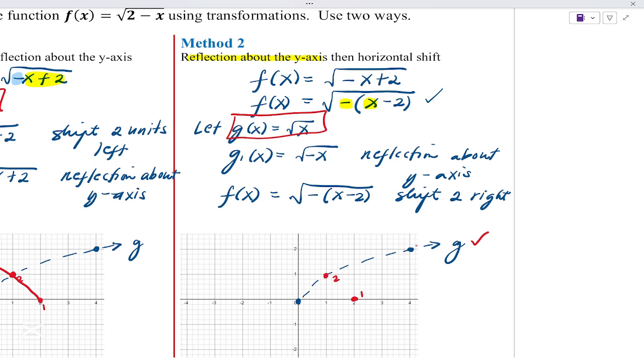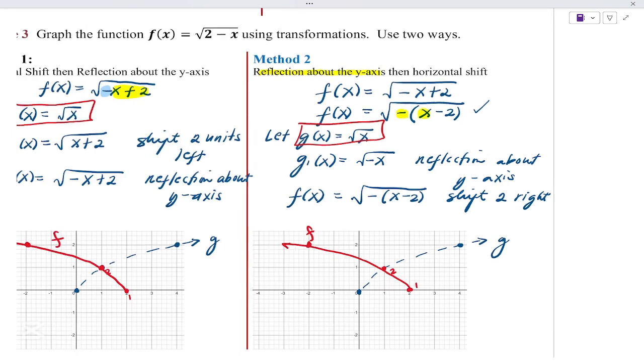And then the third point, reflecting about the y-axis, will move on this side, and then 2 units to the right, 1, 2. And then now connecting these 3 points using a curve. So this is your function f.